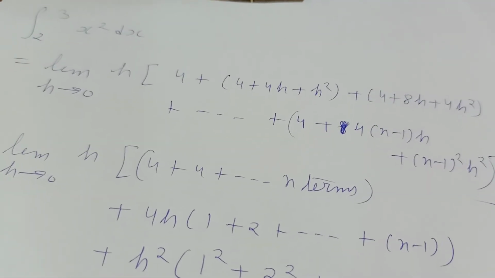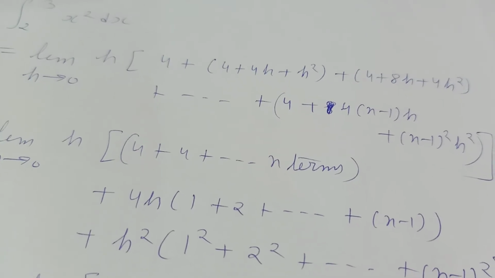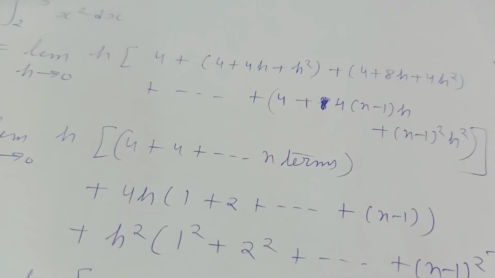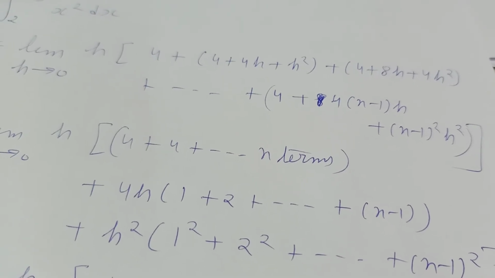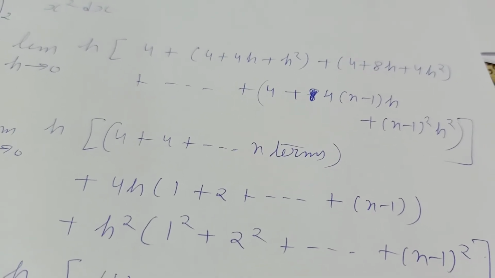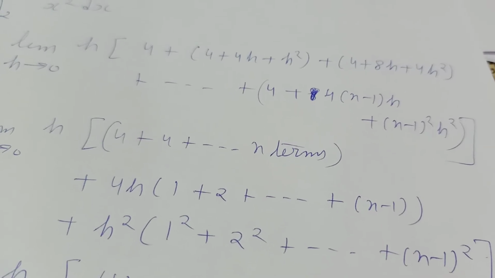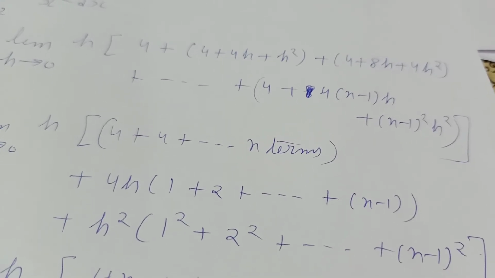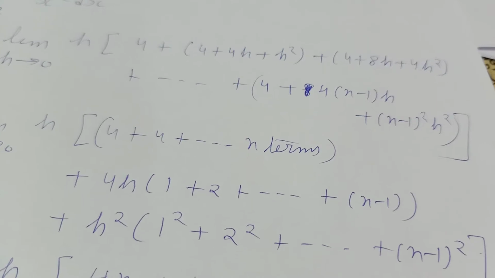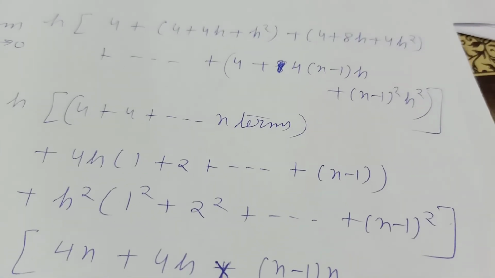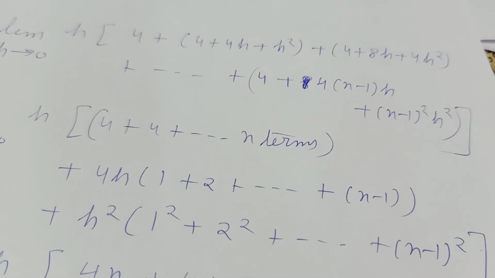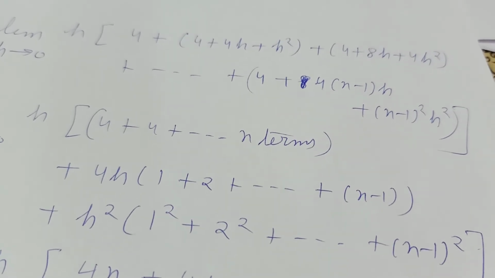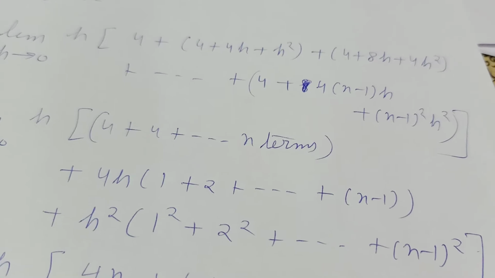Now if we rearrange it, what we have done is taken the first subterm of each term. The first subterm of each term is 4, so we have taken all fours in one group, that is 4 + 4 + 4 up to n terms. Then we have collected the terms containing h and taken h common.